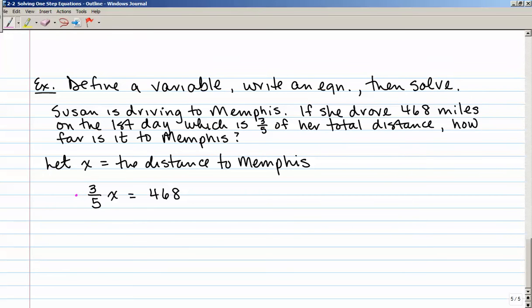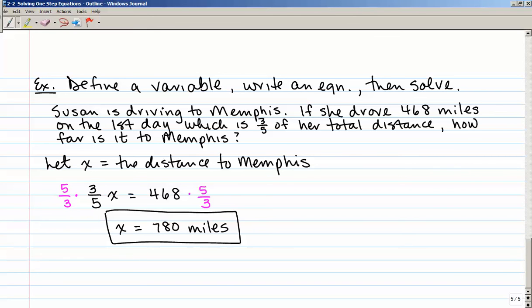So multiplying by 5/3, and on the left here my 3's will cancel, my 5's will cancel, and I'm left with x equals, and at this point I'm going to grab my calculator and do 468 times 5 divided by 3, and that gives me 780, and put your units on there, miles to Memphis.